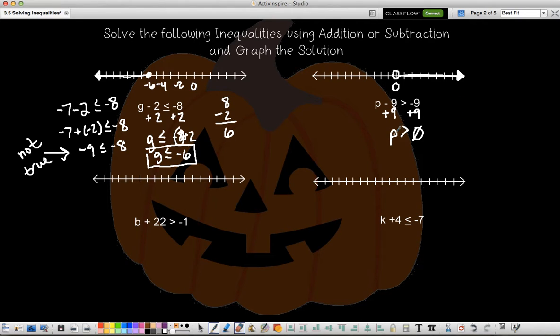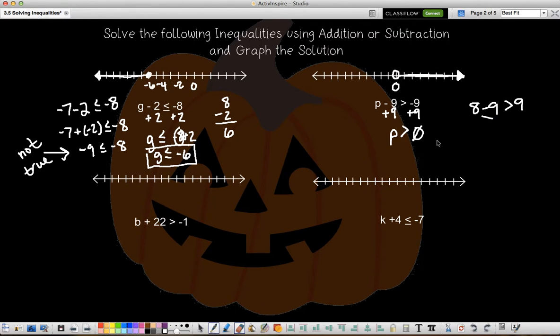Right, and then we can double check. Let's use 8. 8 is bigger than 0, so if I do 8 minus 9 is greater than negative 9. 8 minus 9 I know gives me negative 1, and I did that backwards.